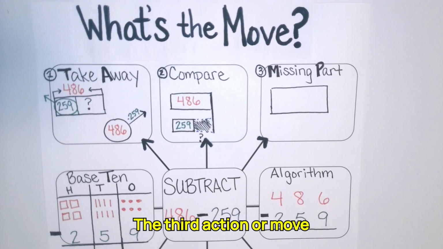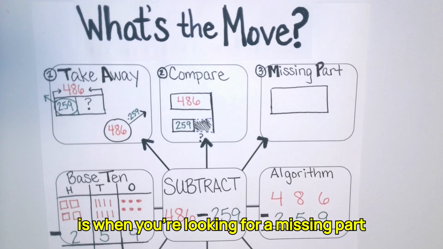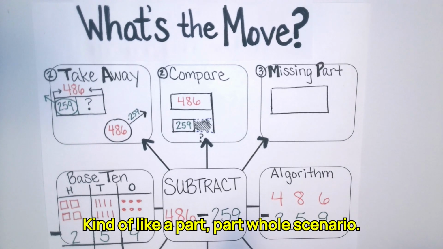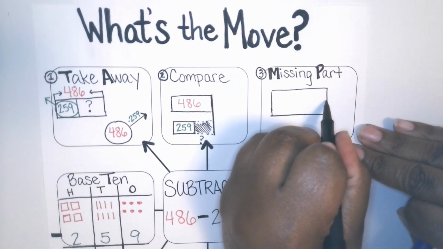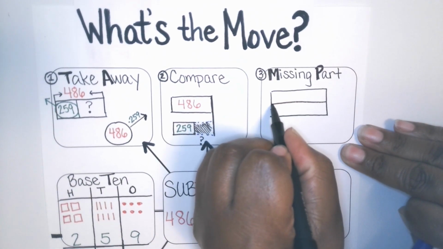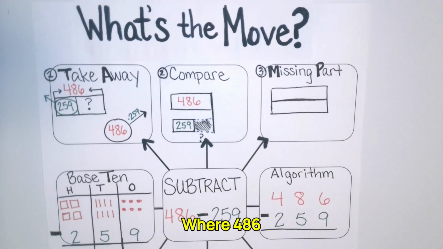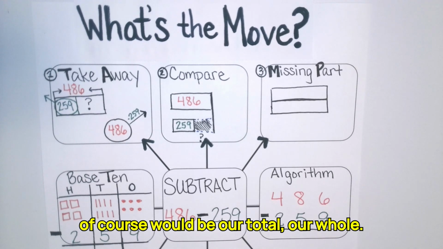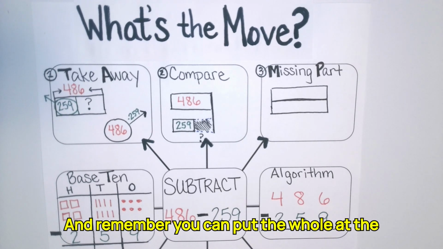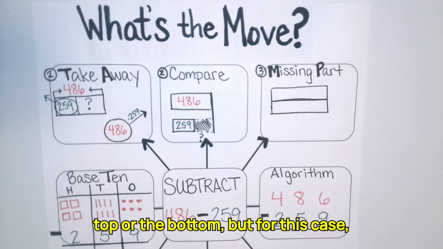The third action or move is when you're looking for a missing part to something. Kind of like a part whole scenario. Where 486, of course, will be our total, our whole. And remember, you can put the whole at the top or the bottom.